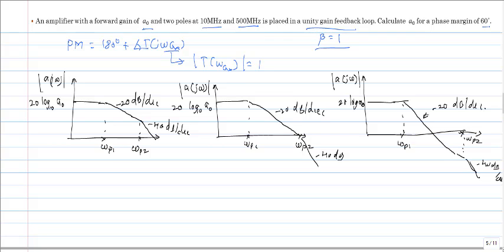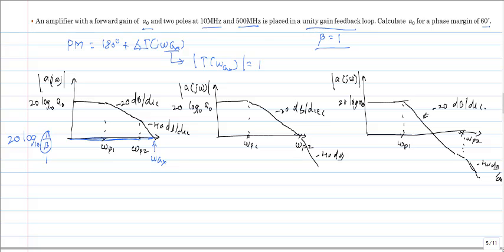What we know is the closed loop could be expressed as something like 20 log of 1 upon beta, and since the value of beta is equal to 1, this ratio is basically a 1. So what would be the value of 20 log of 1, which is nothing but 0 dB. So I have a kind of closed loop hanging around this 0 dB line, and when it intersects this particular scale, this is where I have my omega gx, correct?